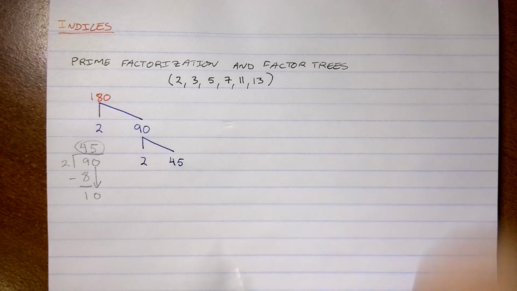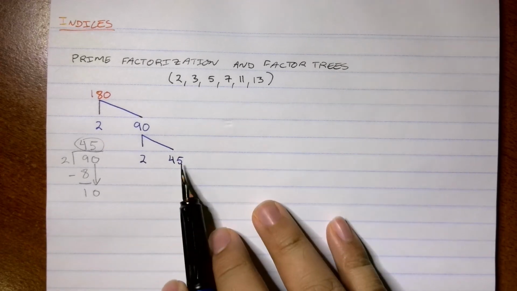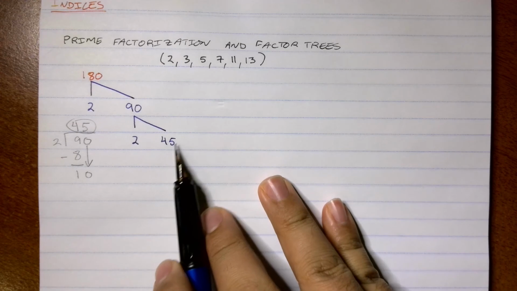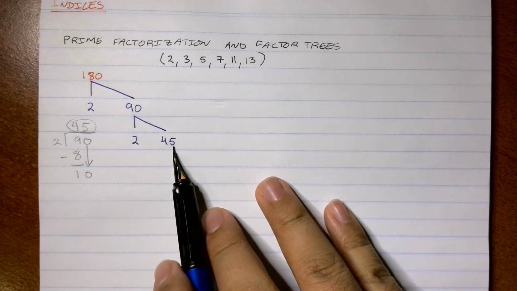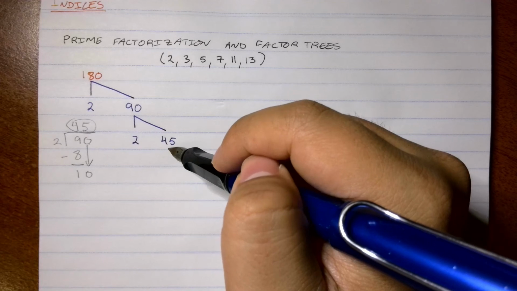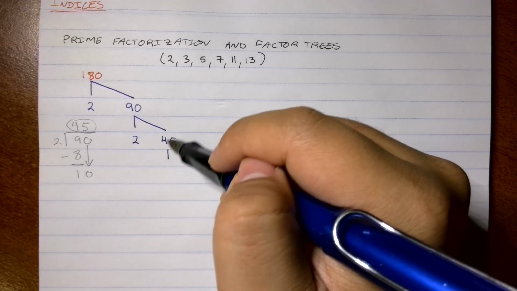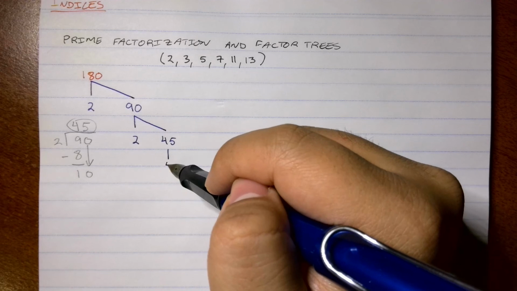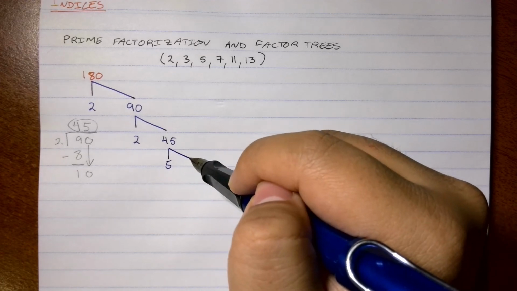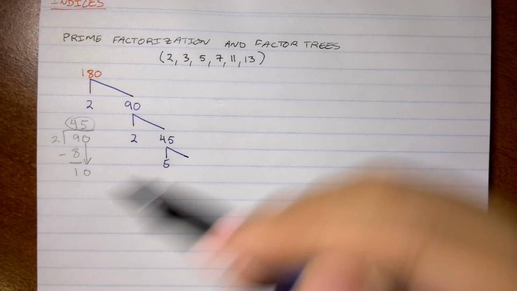Now, we know that 45 can no longer be divided by 2 because it is no longer an even number. So let's test the number 5. 5 will definitely work because the last number there is 5. 5 times what gets me to 45?